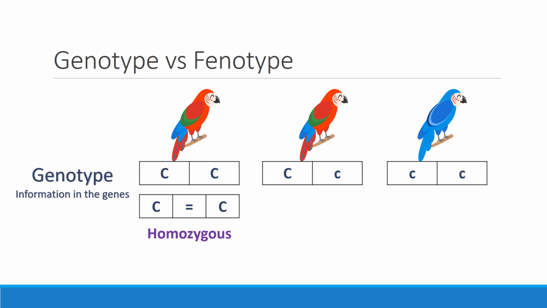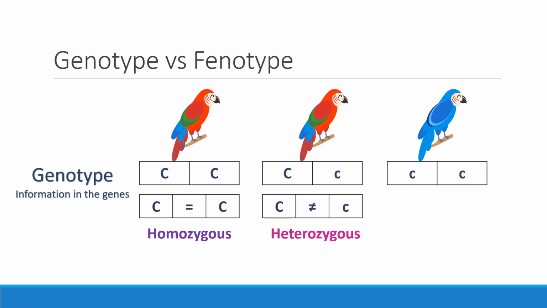Okay. So, if that's what happens with the same genes, let's now compare what happens when you have different genes. Here we have the dominant trait and we have the recessive trait. So, when we have a bird that has both those traits at the same time, we say that that bird is heterozygous, at least in his color.